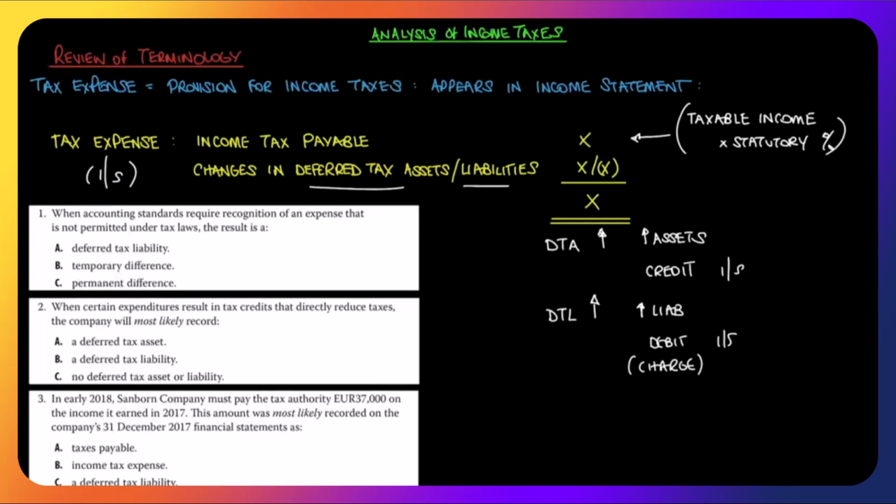So just 3 to look at. When accounting standards, so this is number 1. When accounting standards require recognition of an expense that is not permitted under tax laws, the result is a deferred tax liability, temporary difference, or permanent difference. Well, if it's not permitted, it is never hitting taxable income.